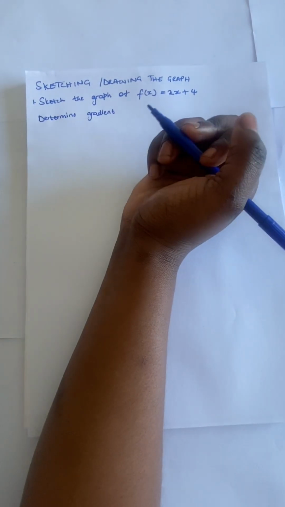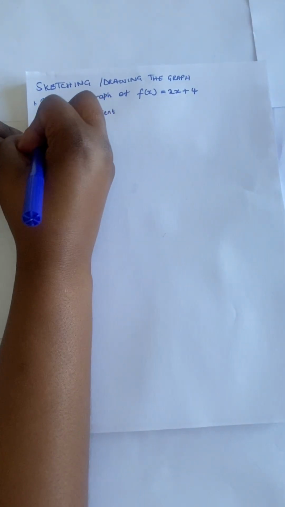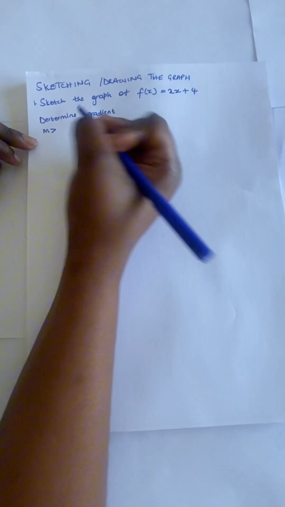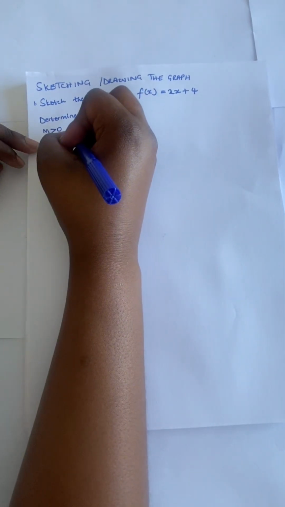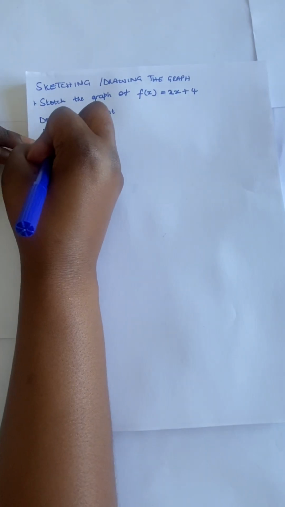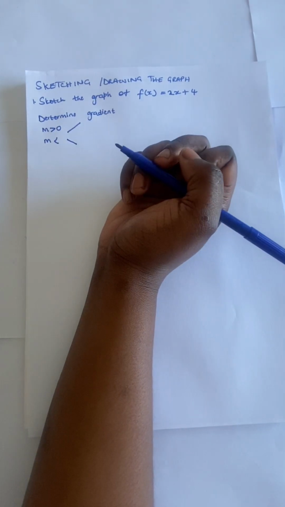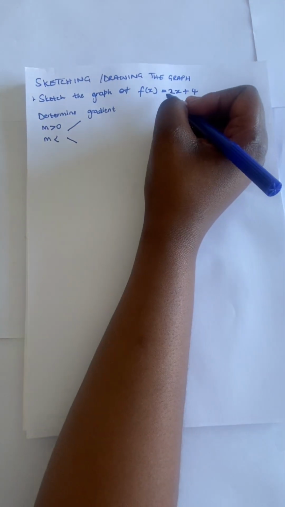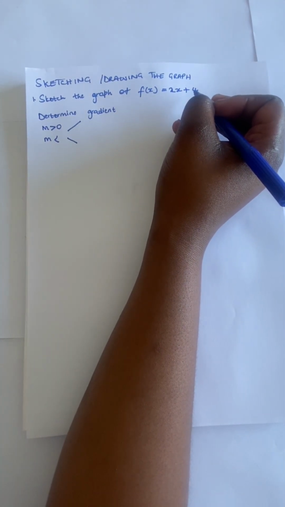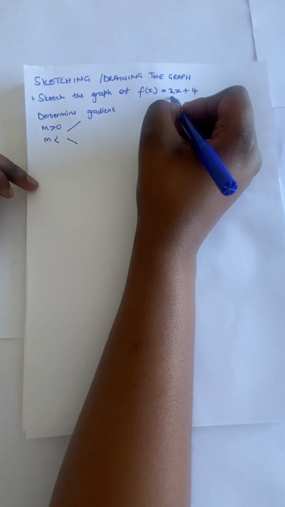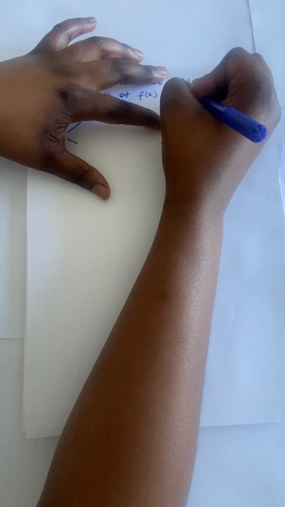I said if your gradient is greater than 0, your graph should be increasing, right? If your gradient is less than 0, or negative, your graph should be decreasing. We can see that here in this general format, y = mx + c.